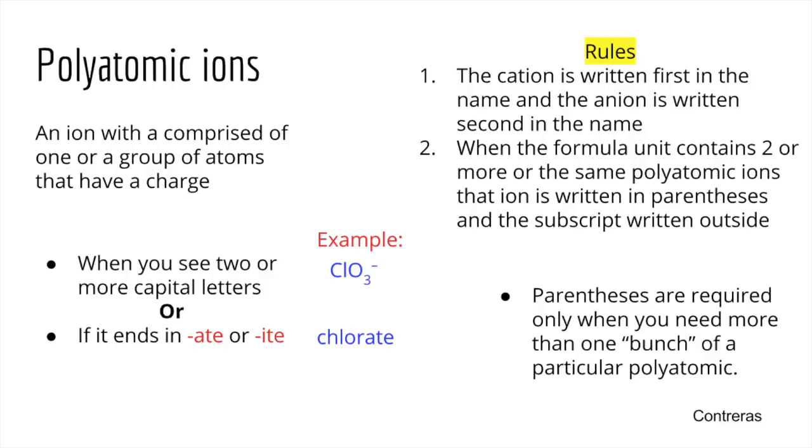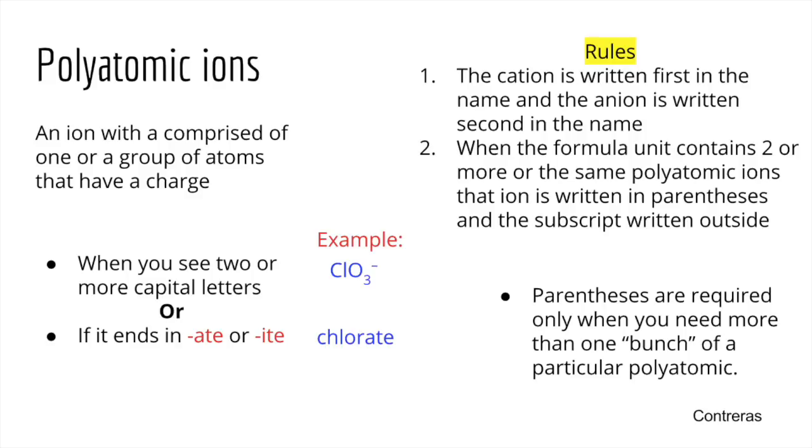A polyatomic ion is an ion comprised of one or a group of atoms that have a charge. To determine which one is a polyatomic ion, look for two or more capital letters in a formula, or names with the endings ATE or ITE. The rules are that the cation is written first in the name and the anion second.